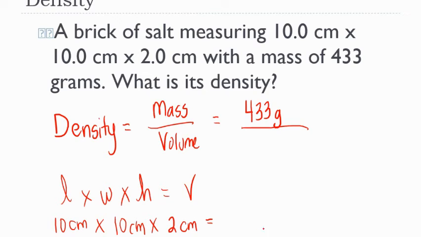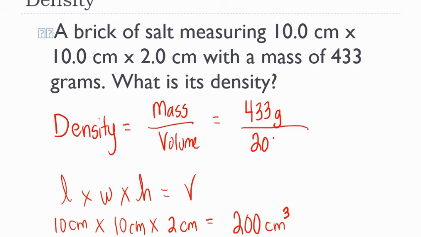What do we get? 200. And that's centimeters. We multiplied centimeters times centimeters times centimeters. So that is centimeters cubed. Remember doing stuff like this in math class back in the day? Okay. So now I know what my volume is.